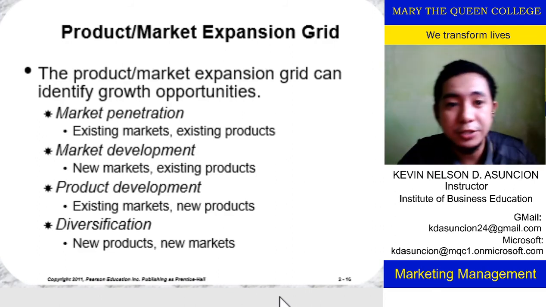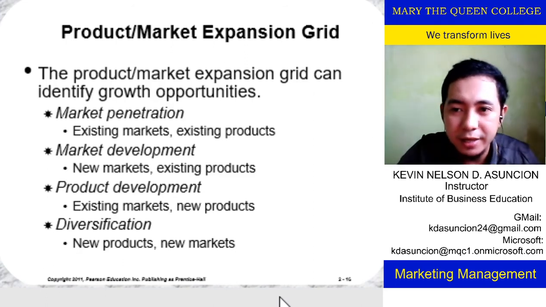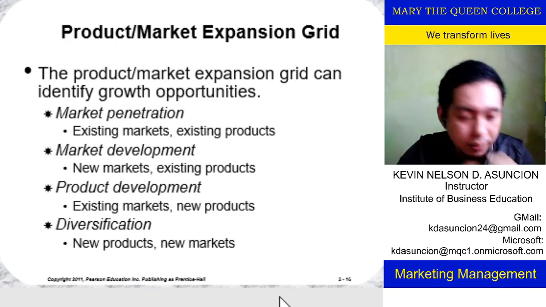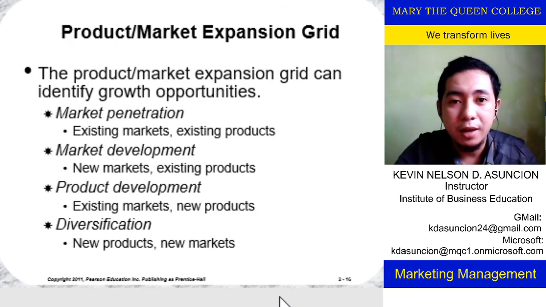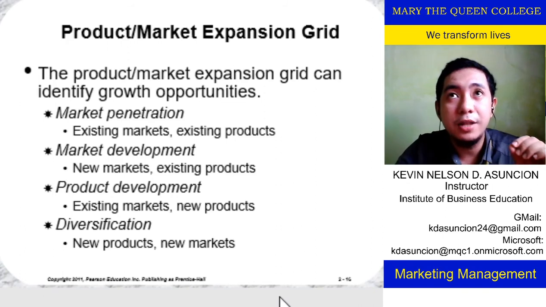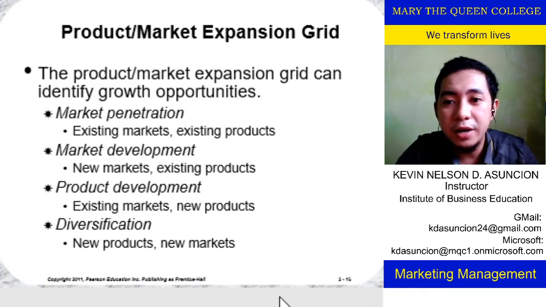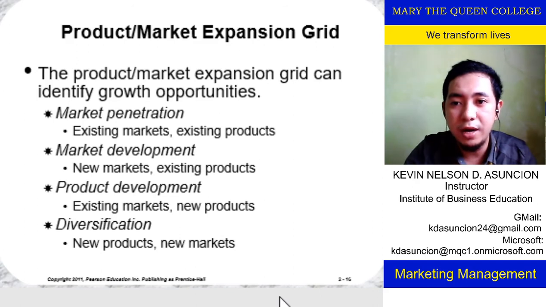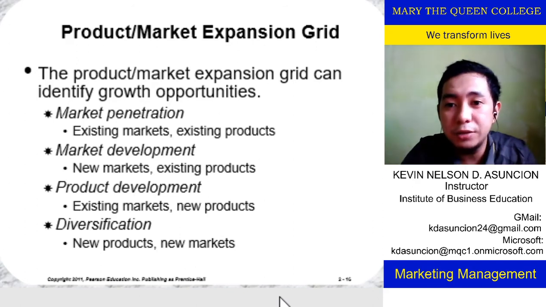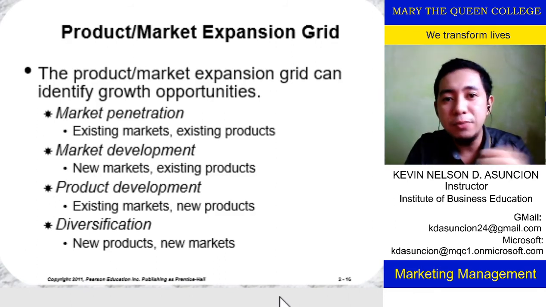So that's market penetration. Second is market development. Wala pang ganyan sa market. Meron ng ganyang produkto, pero hindi pa masyadong develop yung market. So there's a new market. Paano ba yon? You are able to make other uses or to penetrate or reach other or new markets. Paano ba yan? When things get saturated, ano ba ibig sabihin na saturated?